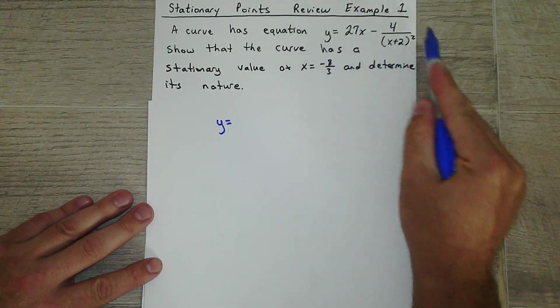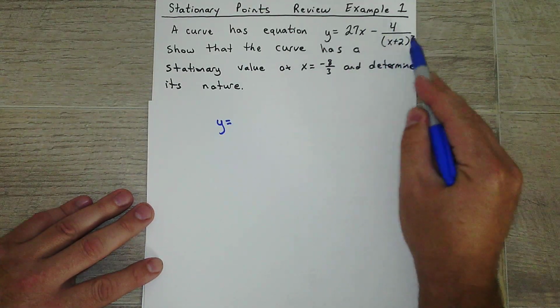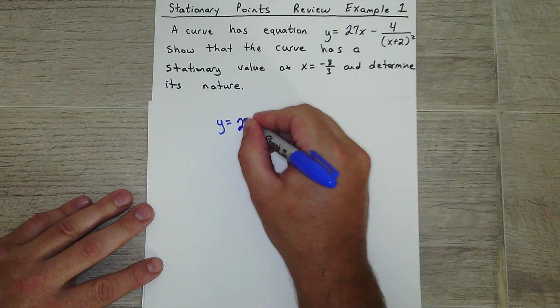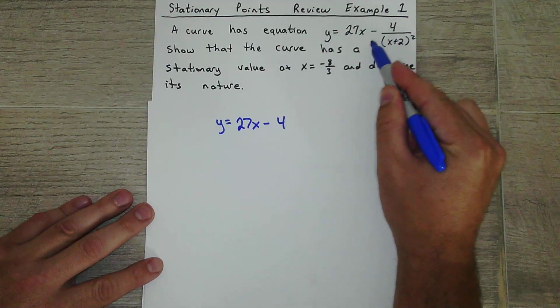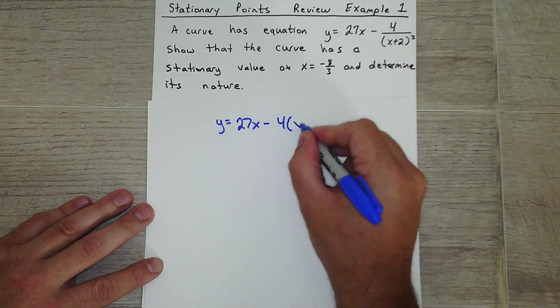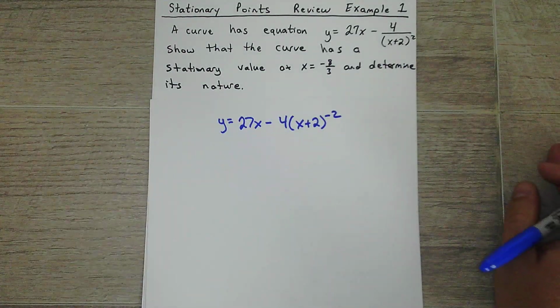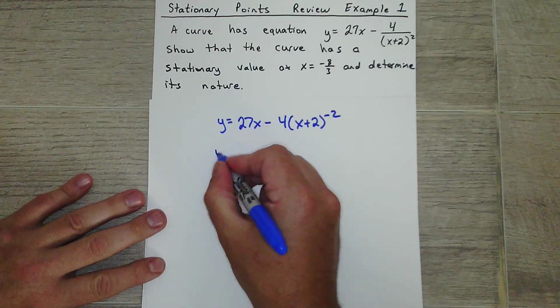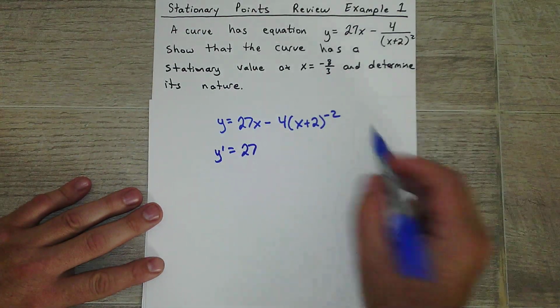To take the derivative of this, I first need to rewrite it. Remember, if something is on the bottom like this, I can bring the whole thing up if I change the exponent to a negative. Now we can take the derivative. The derivative of 27x is just 27.